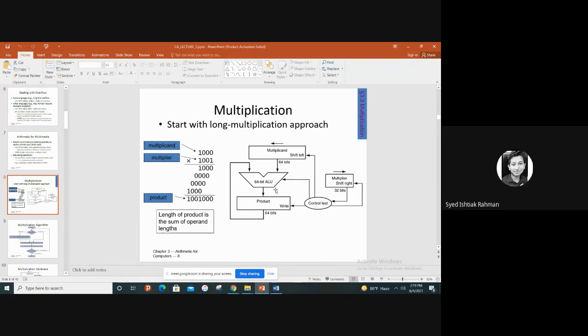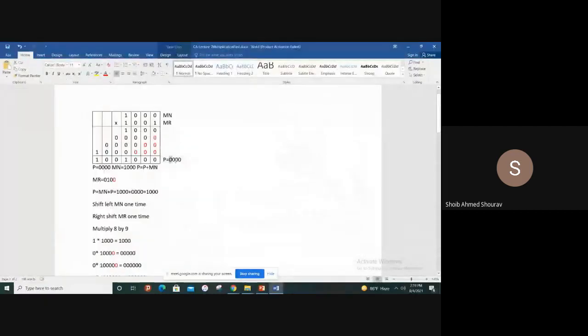Sir, we are using 4 zeros as the p value here. Yes, initially the result is 0. That is the initial step. Result should always be 0 initially. Then we are going to get the correct result on the product register. Okay, sir. Initially, product register is 0, mn is 8, mr is 9.